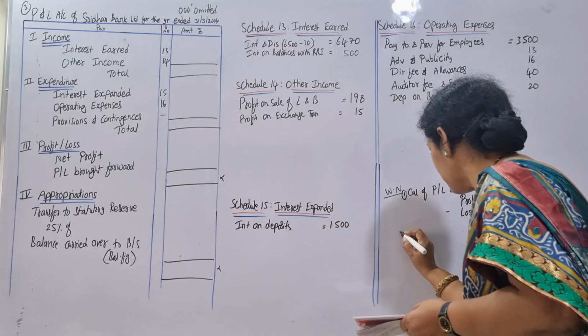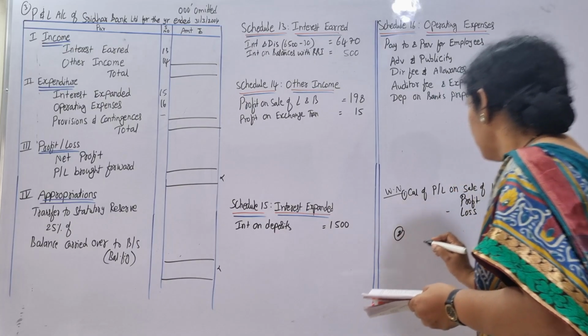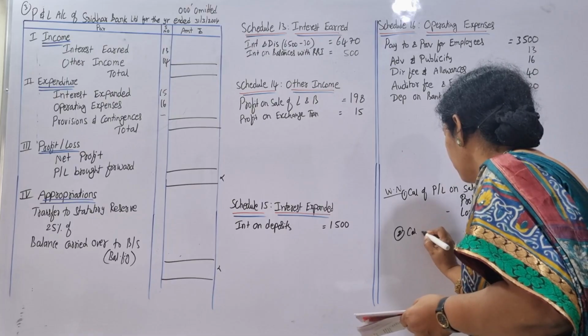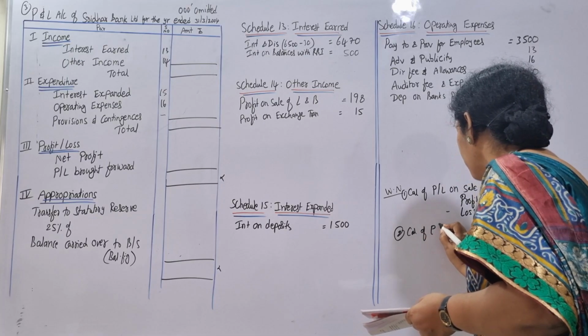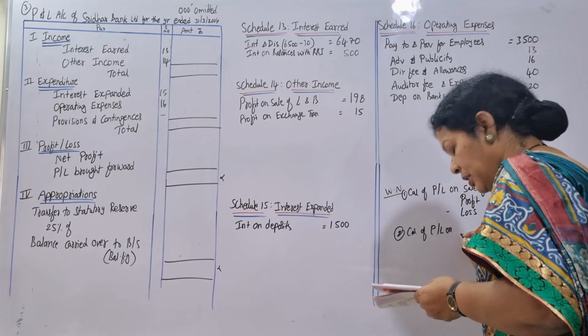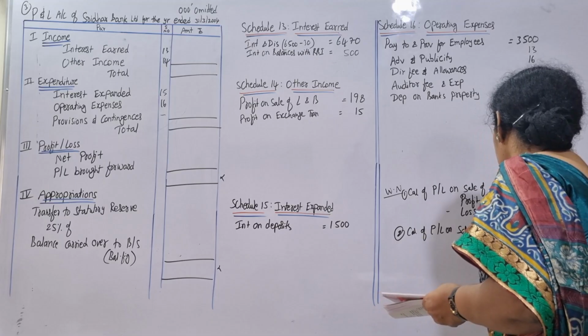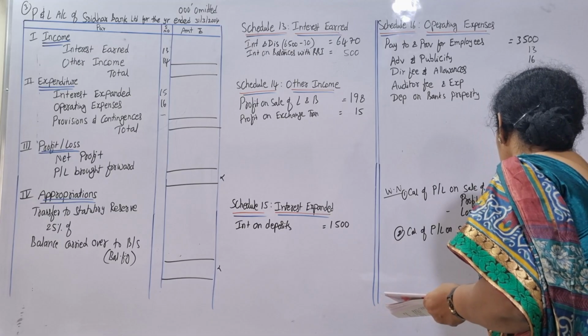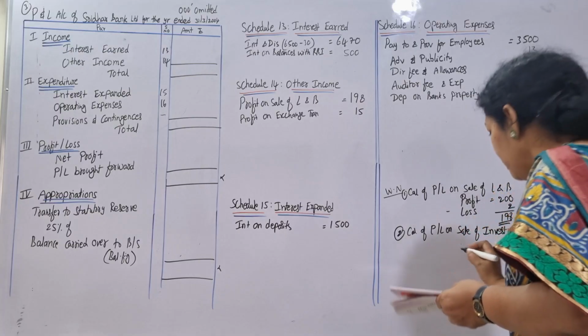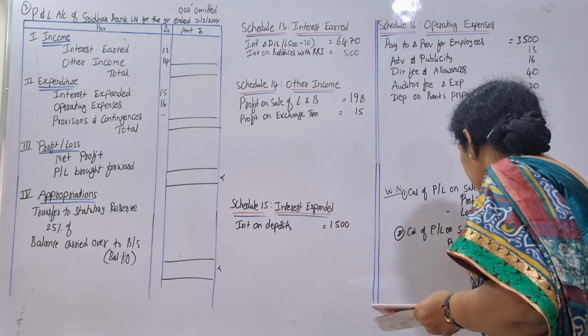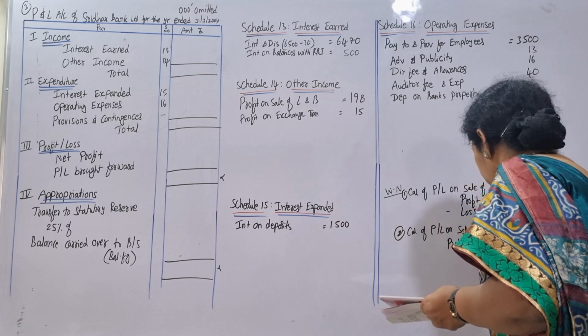Like this, you can show it in working notes. Calculation of profit or loss on sale of investment. Profit is 600.